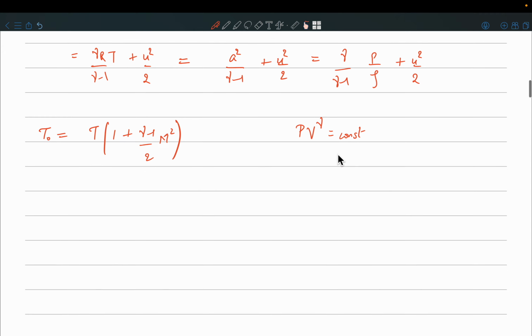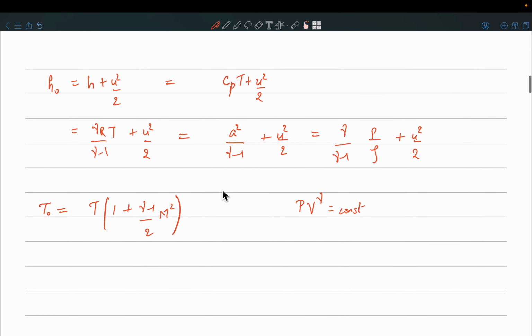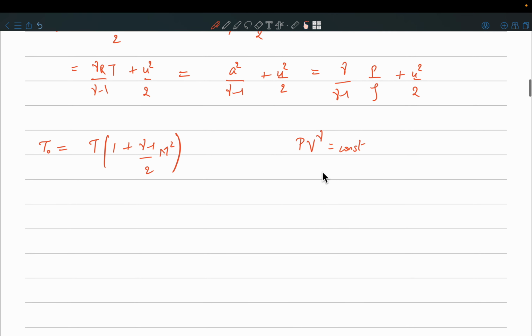Now, if you notice, we have said that the stagnation state will be achieved isentropically. So all the isentropic relations will be valid between the static and stagnation quantities. If I have to relate the static pressure and the stagnation pressure, I can relate that by considering the ratio of the static temperature and stagnation temperature, because we are just using an isentropic process.